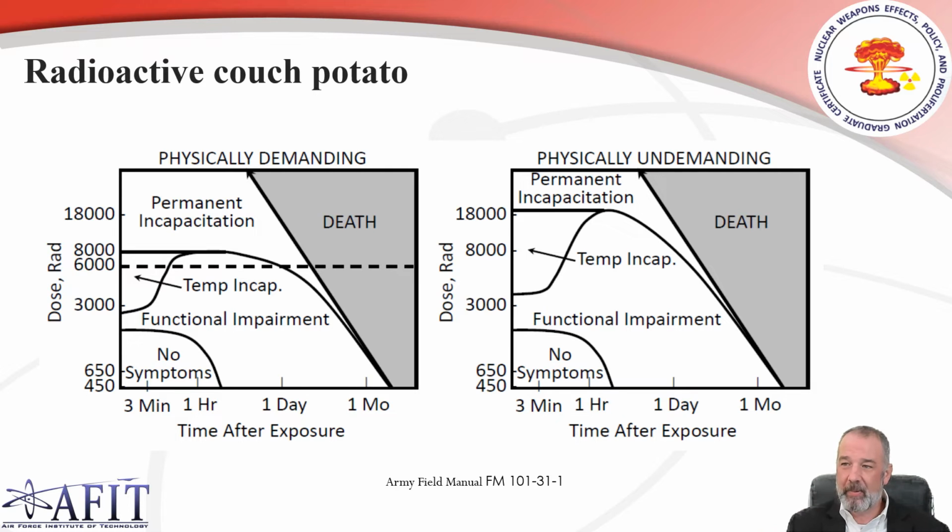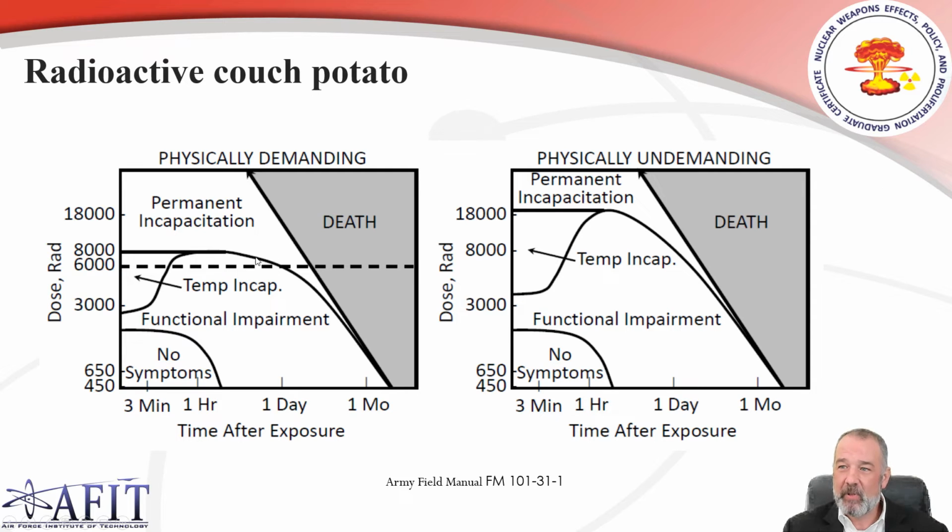If we move up our dose to about, I want to say, 3,200 or 3,300, we have functional impairment on the physically undemanding, but at that same range, at this dividing line, if we look at physically demanding, we're already into the incapacitation range in this very short time period.